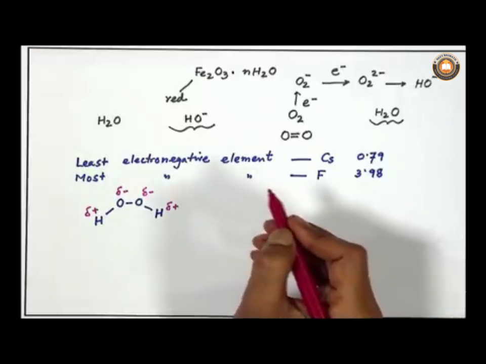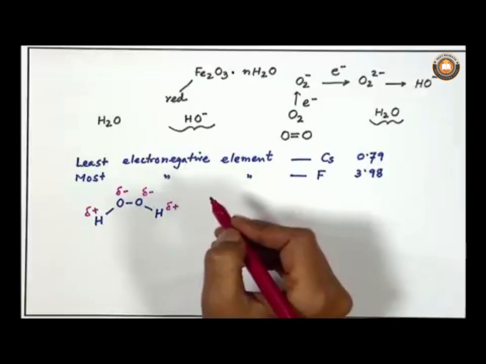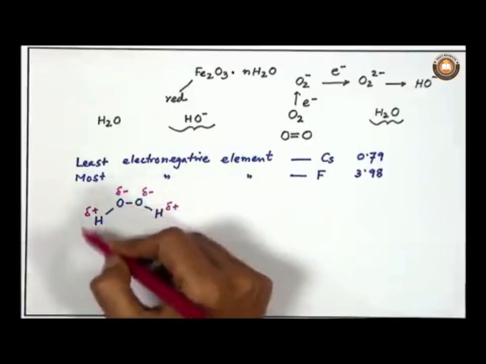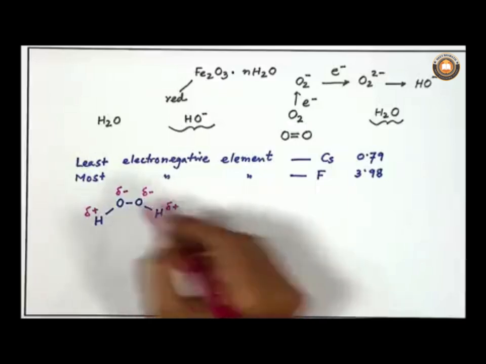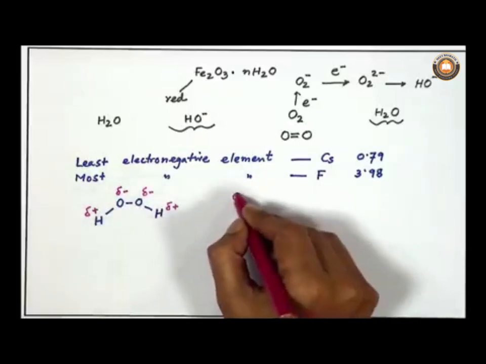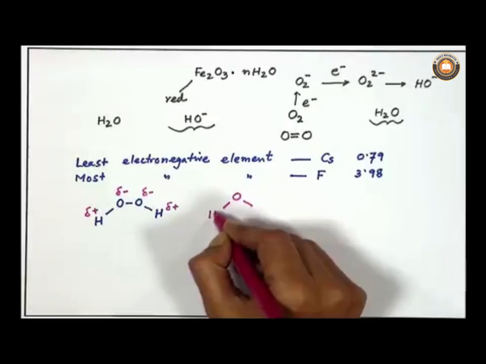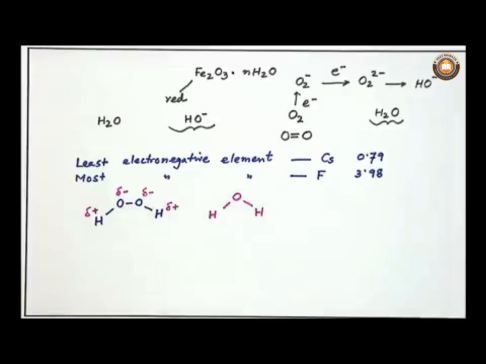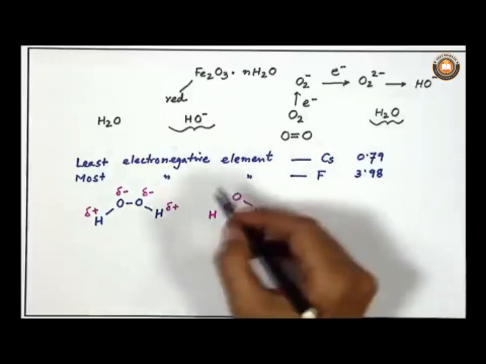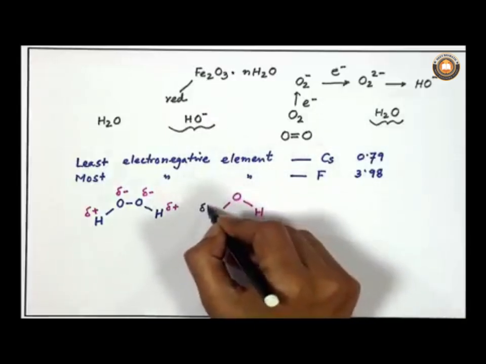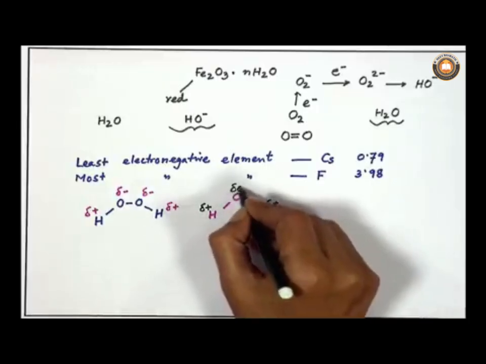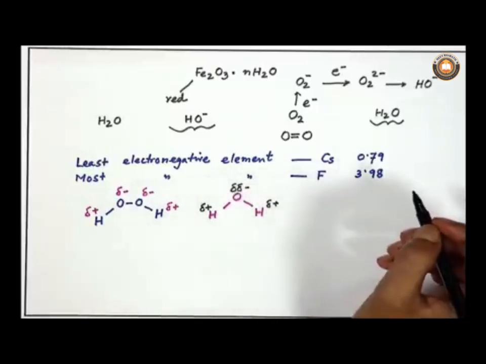So, this is a situation where we can have the assignment for the corresponding oxidation state of hydrogen and oxygen in this molecule compared to that of our water molecule. So, water molecule is also a typical covalent one, where we have this delta plus and delta minus charge on this oxygen.